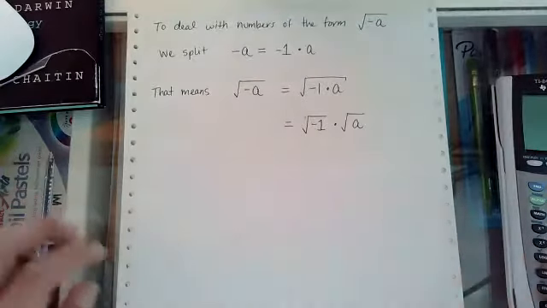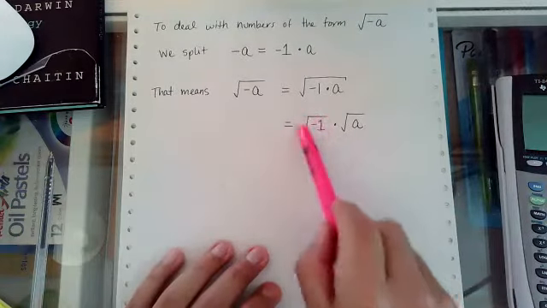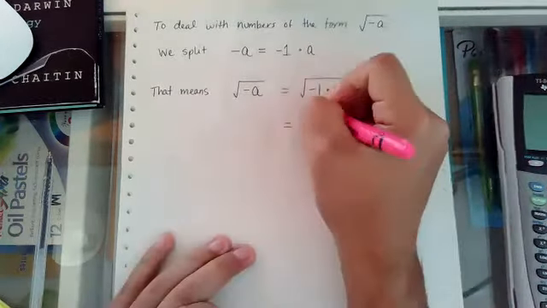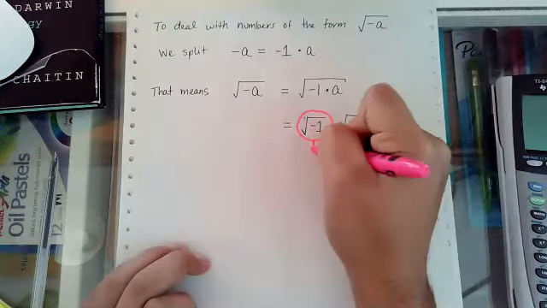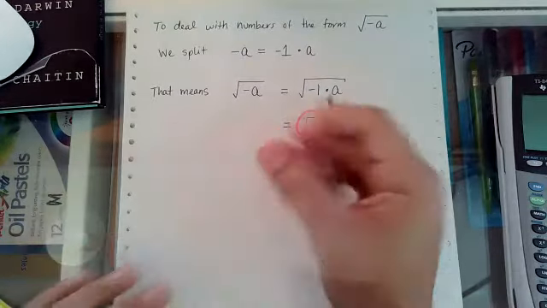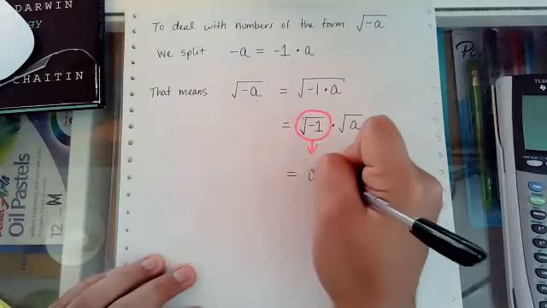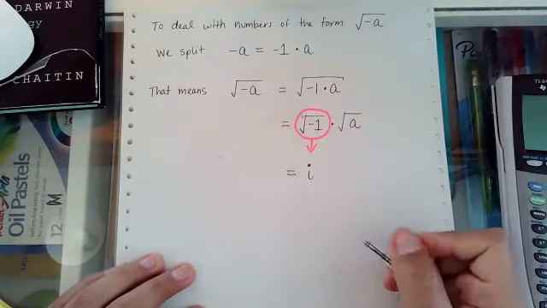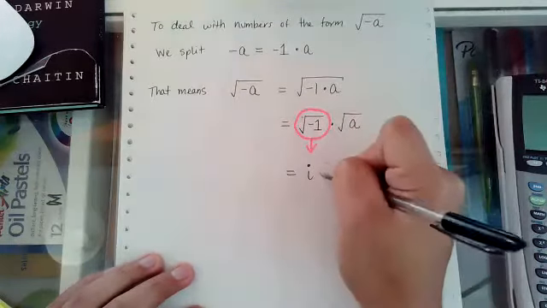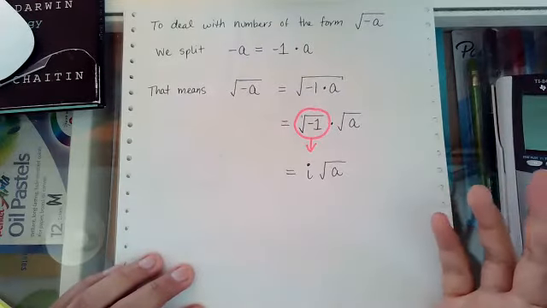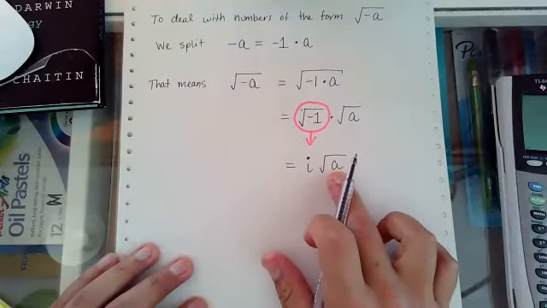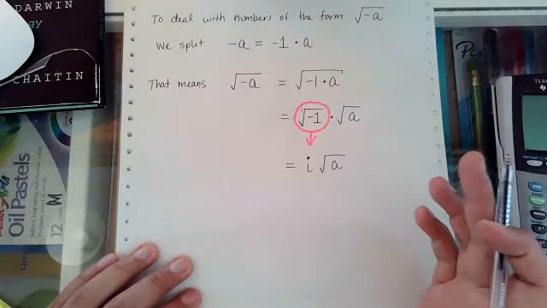And then we're just going to say, this is the guy that gives us problems. So we'll call this the imaginary unit, and we'll just call that the variable i. And we'll leave this square root of a as the real part. All right, so we have a real number times the imaginary unit.